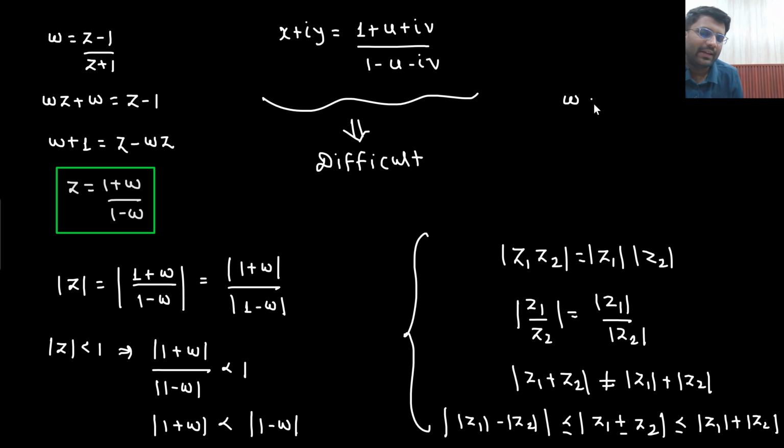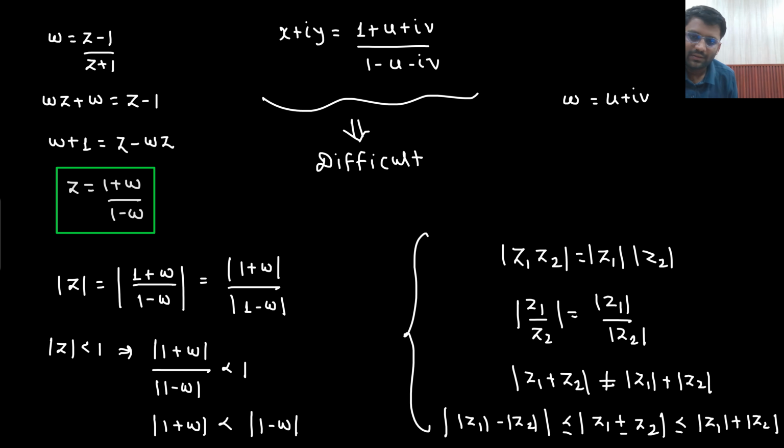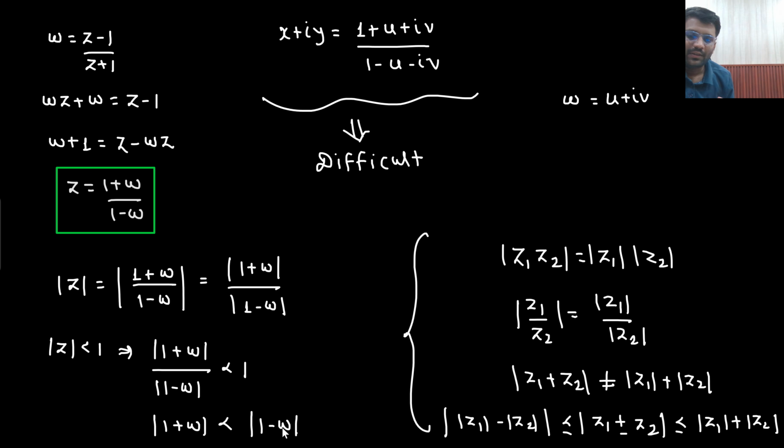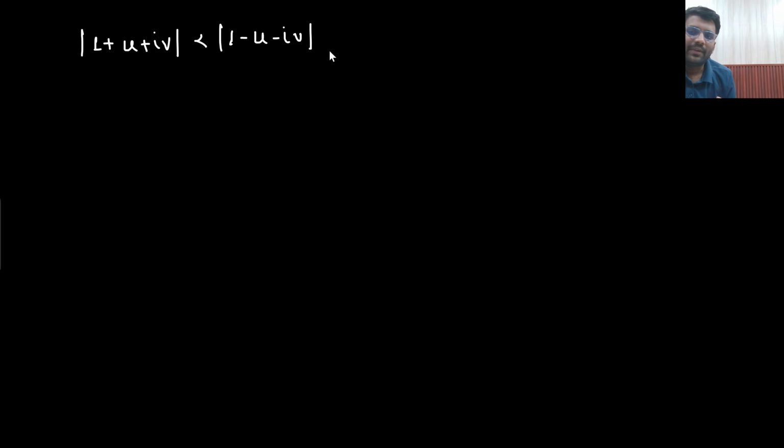What is your omega? Omega is nothing but u plus iota v. So I will put u plus iota v here. So from here what I am getting? Magnitude of 1 plus u plus iota v should be less than magnitude of 1 minus u minus iota v. Right? In place of omega, what you are supposed to put? U plus iota v. So it will become 1 minus u minus iota v.